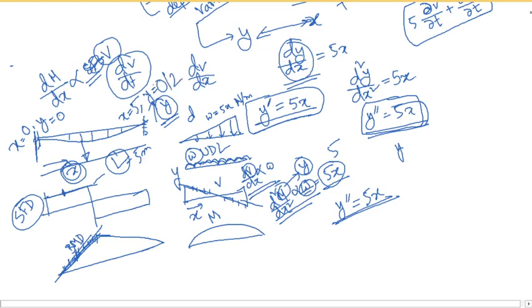So y(0) equals 0, that means x equals 0, and y(5), when x equals 5, will be 0, or 2, or any other value.